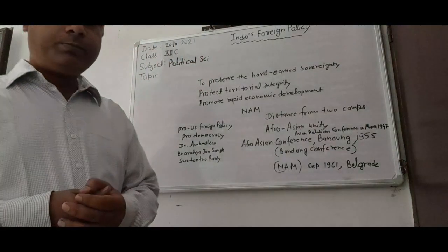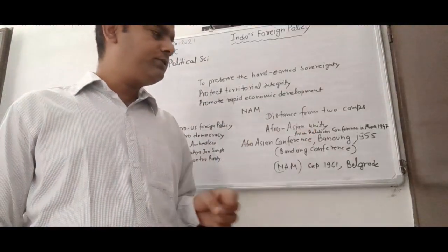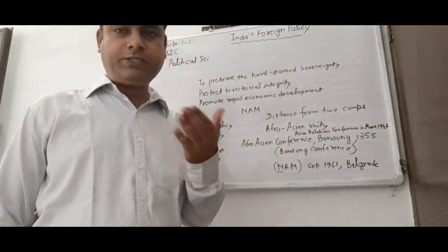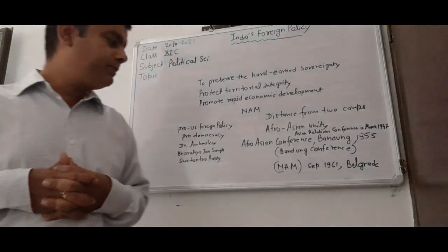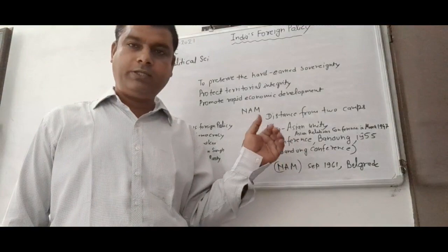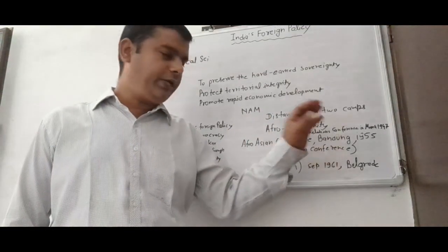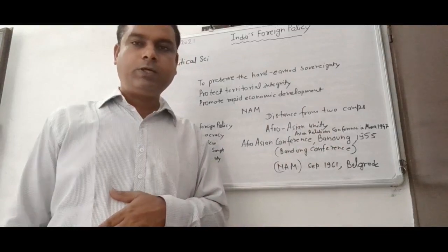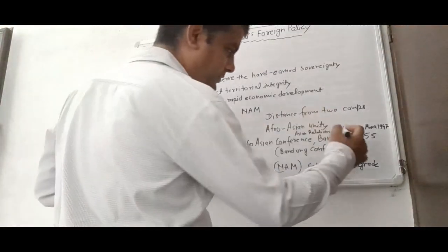Before independence, the Asian Relations Conference in March 1947 was organized by Pandit Nehru, and similarly the Afro-Asian Conference in Bandung, Indonesia, in 1955 was organized. This is the Asian African Conference.